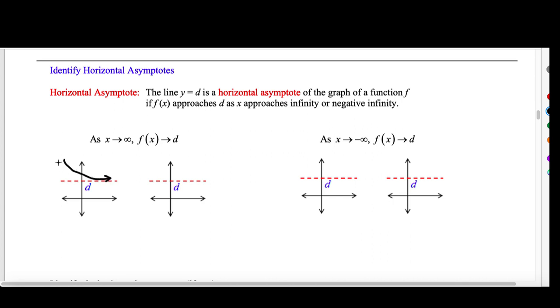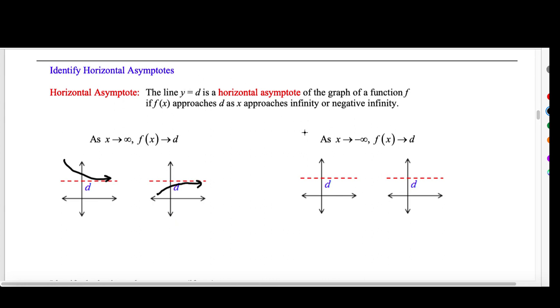As x gets bigger and bigger, the function approaches the horizontal asymptote, but doesn't equal it. Or a similar way that could happen would be like this. So we could approach the horizontal asymptote either from above or from below.